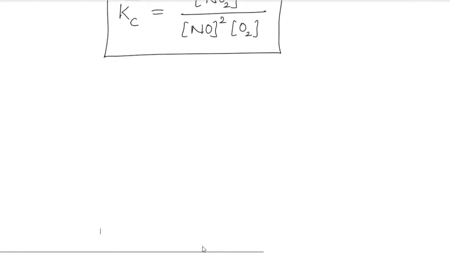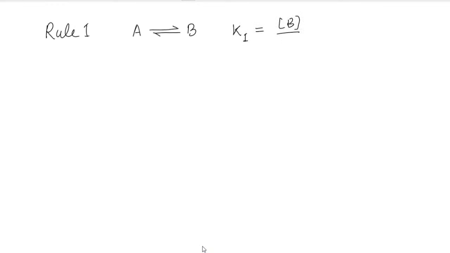Laws of chemical equilibrium. See, rule number 1. Suppose A to B. Equilibrium constant is K1. So that is equal to B over A. Now we reverse it.